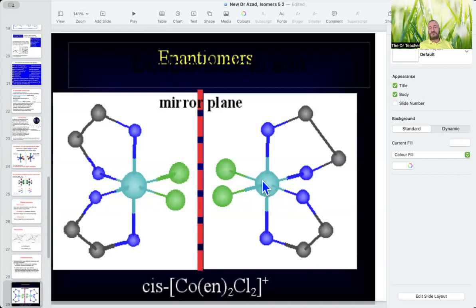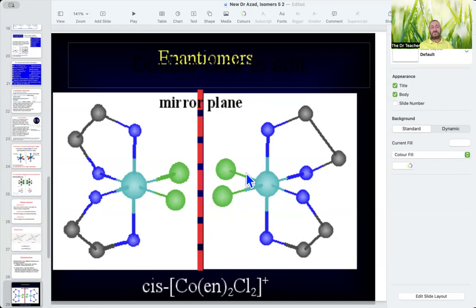These are non-superimposed, and they are mirror images of each other, like cis dichlorobis(ethylenediamine)cobalt(III).